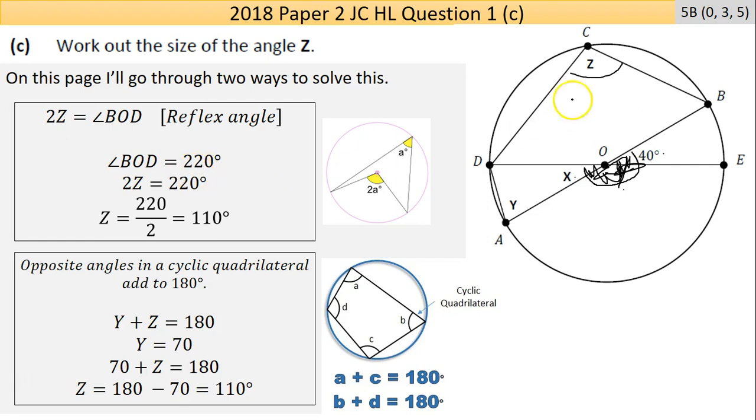So that's going to be twice the angle up here. So half of 220 is 110. Now, either way is perfectly valid. I'm sure there's other ways to do it, maybe. They're just the two that came to my mind. Either one is perfectly valid.